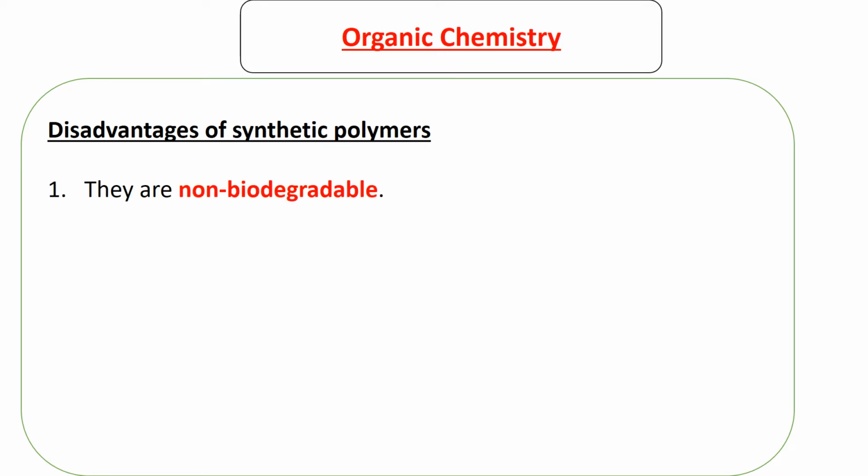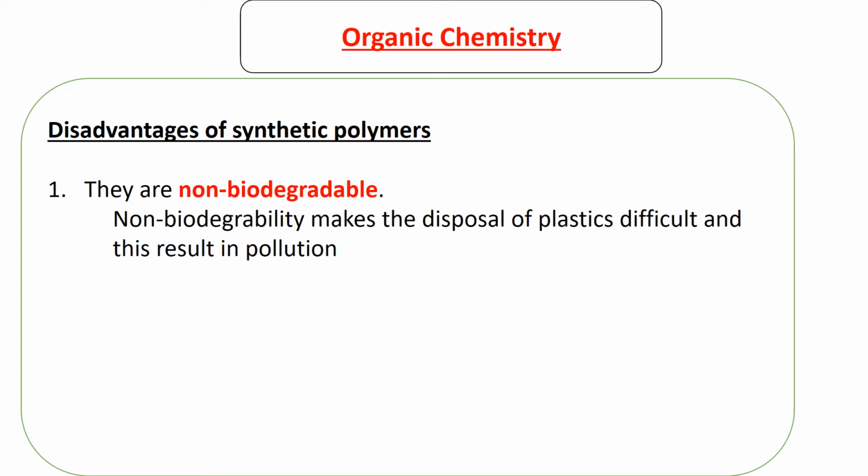The fact that they cannot be decomposed by bacteria makes the disposal of plastics difficult, and this results in pollution. So you throw a plastic here, it won't decay, you just find it there even after many years. Therefore, if you keep on throwing plastic, it'll be accumulating, therefore creating land pollution.